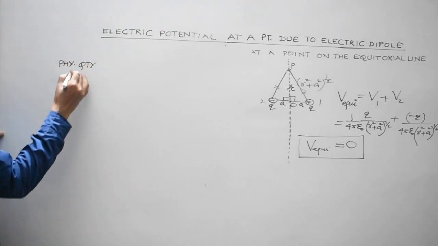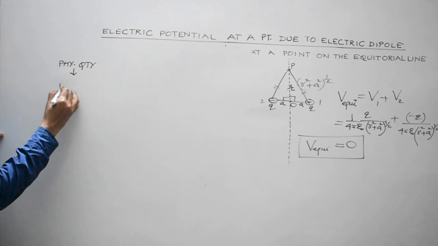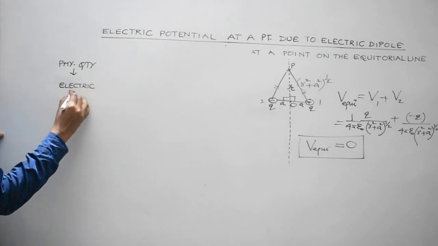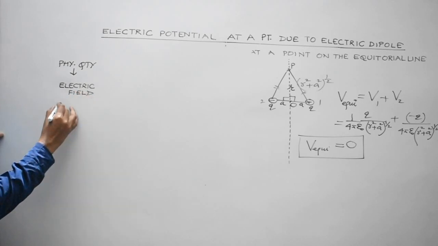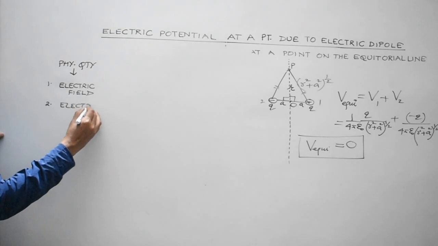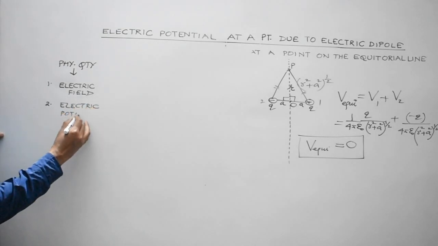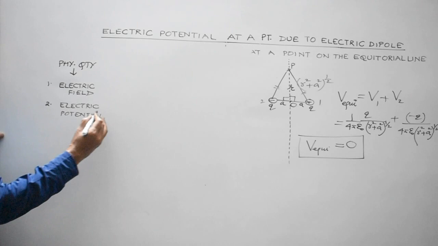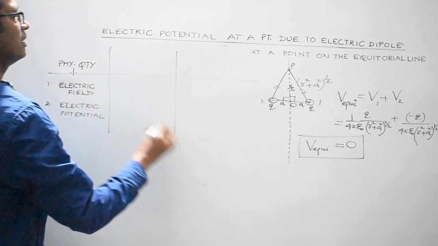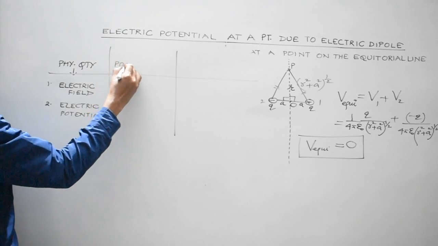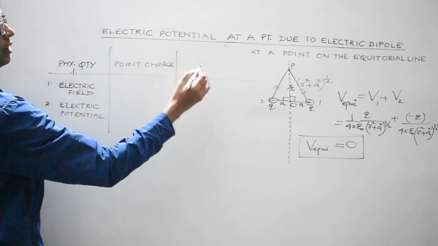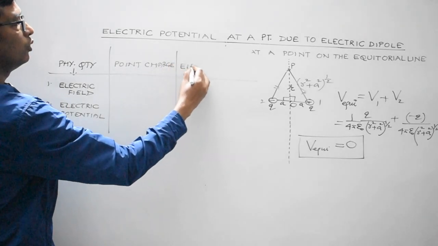The physical quantities we consider are electric field and electric potential. We'll discuss their variation with distance basically. This may be considered a point charge, and this is an electric dipole.